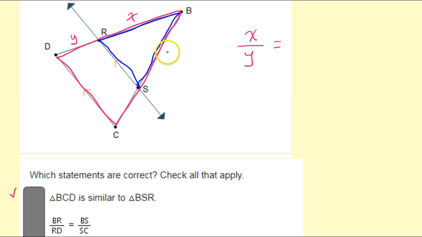I'll say, need more letters, R over M. So X over Y is equal to R over M. That's true. That's one of the little theorems that we know. If we have the parallel split, part over part equals part over part. That's true.